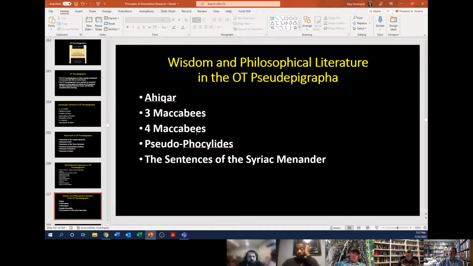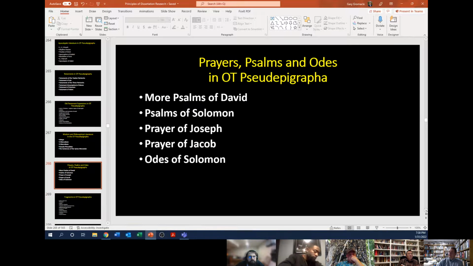Now we get into 3rd and 4th Maccabees, included in the Old Testament pseudepigrapha. You've got Psalms of Solomon, more Psalms of David. Well, did David actually write more Psalms that were not part of the canon? Jacob, that would be interesting for you because you're dealing with what's included in the canon and what's not.